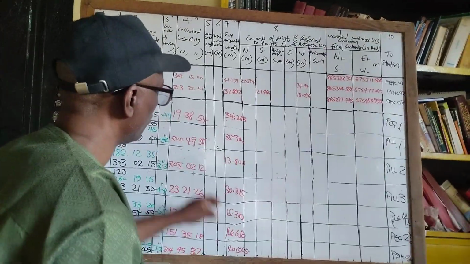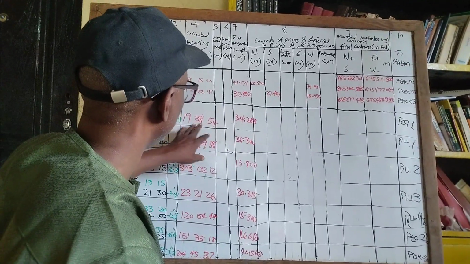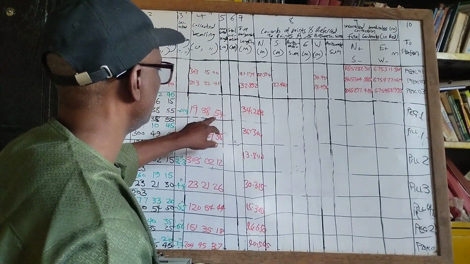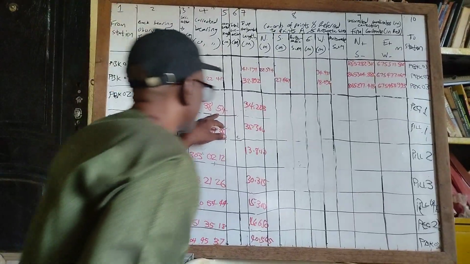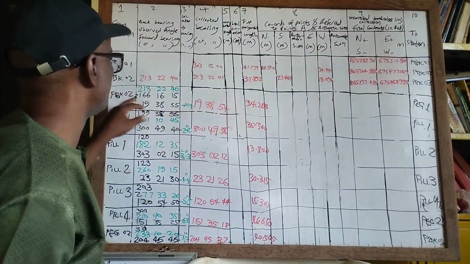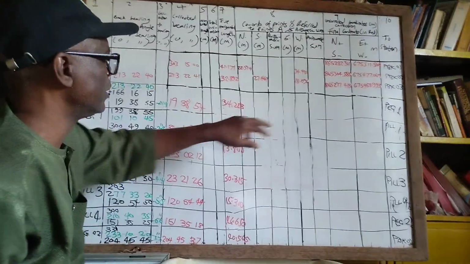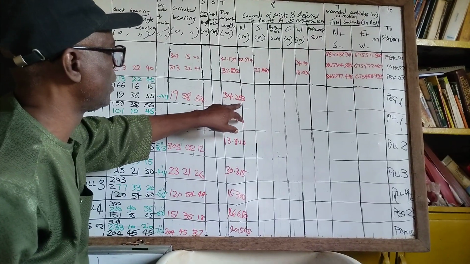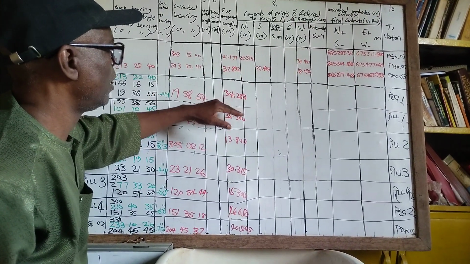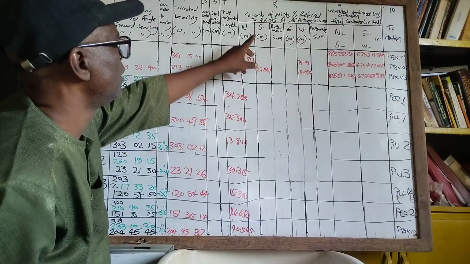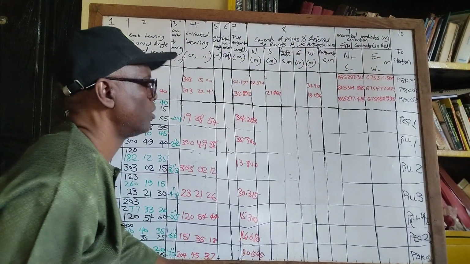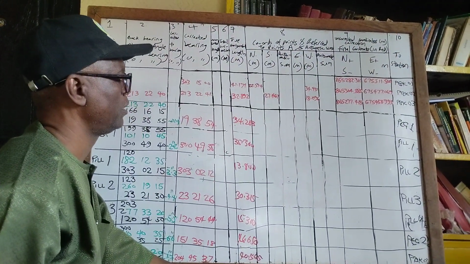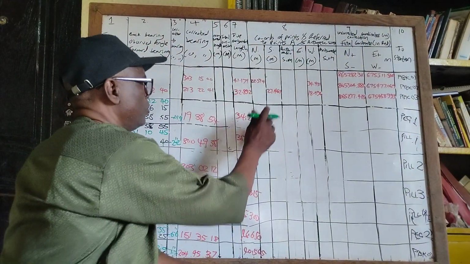So we are good to go with these two figures: 19 degrees 38 minutes 54 seconds being the bearing from PBK 2 to peg 1, and 34.283 being the length. You can easily calculate the delta northern and then the delta eastern using this formula.